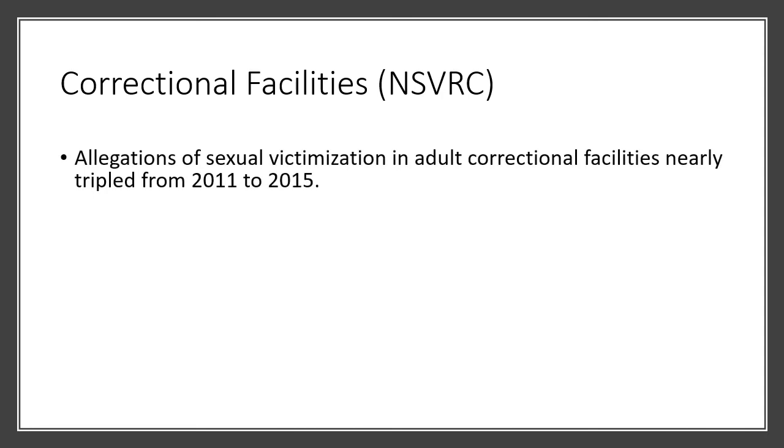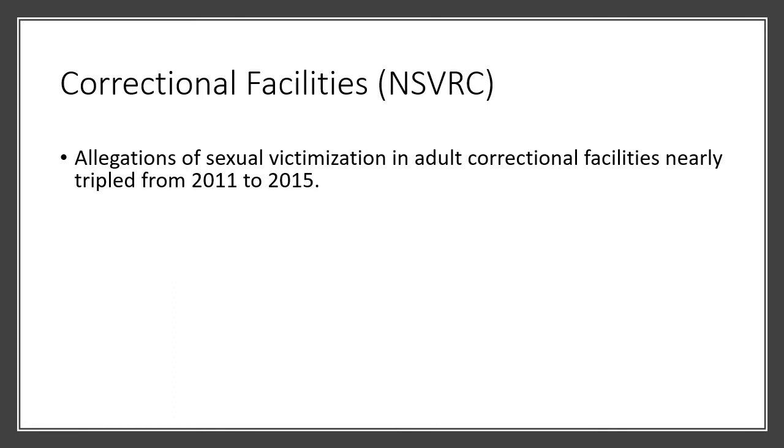When you look at the actual reporting of sexual victimizations in adult facilities, those rates have been going up steadily in recent years. And those are figures based only on things that are actually reported.